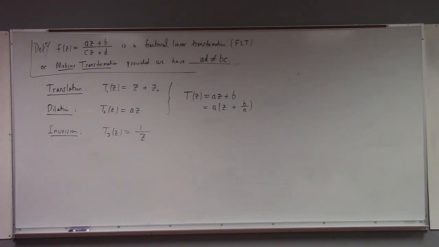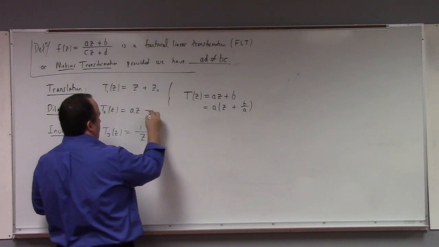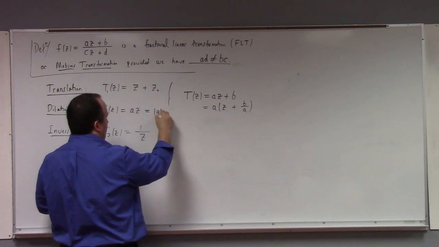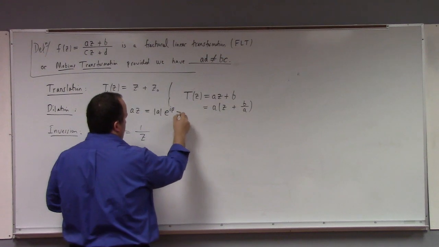Moves its origin, right? So it's still a circle. Translation of a circle is still a circle. How about dilation? What's the dilation do to a circle? No, it actually still keeps it a circle. It just scales. What this has the effect of doing is, let's say, magnitude of A times e to the I beta times z.